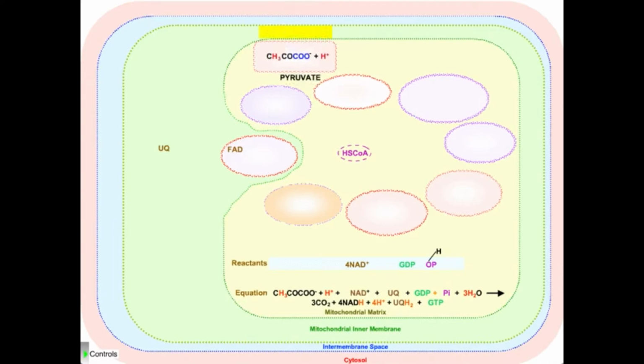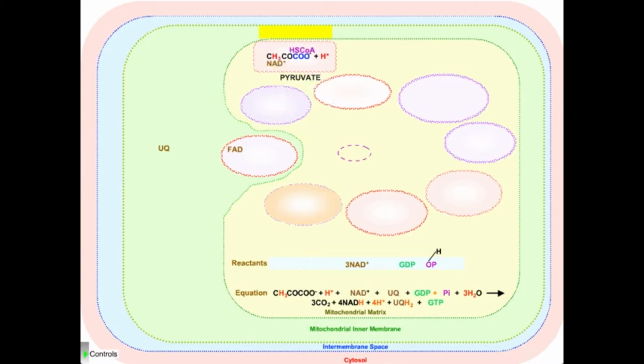Once it is in the matrix, it is converted to acetyl-CoA through the complex called the pyruvate dehydrogenase multi-enzyme complex, or PDH for short. The PDH complex is made up of 3 coenzymes: pyruvate dehydrogenase, dihydrolipoyl transacetylase, and dihydrolipoyl dehydrogenase.